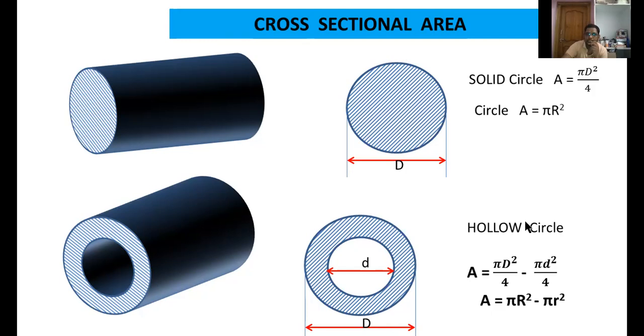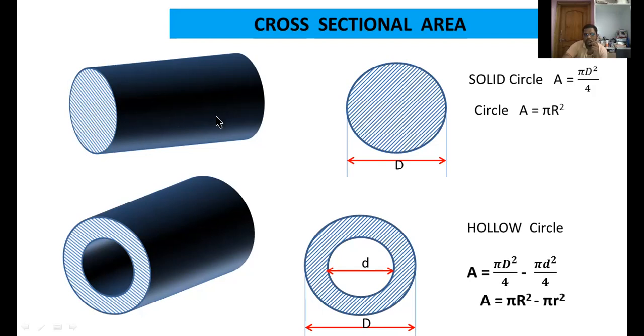The first one is solid circular cross-section. This is a solid shaft having length L and diameter D. This circular shape is the cross section of this solid shaft.